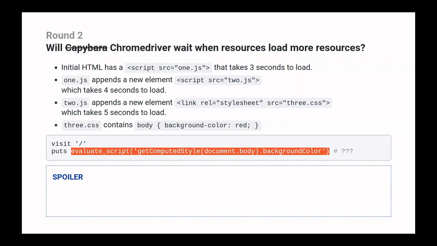The only way that a resource will not be waited for is if you explicitly mark it as async. So if you have this async attribute. But if it's anywhere in the HTML, or if it is a deferred script or a module script, then Capybara will wait, or WebDriver will wait.